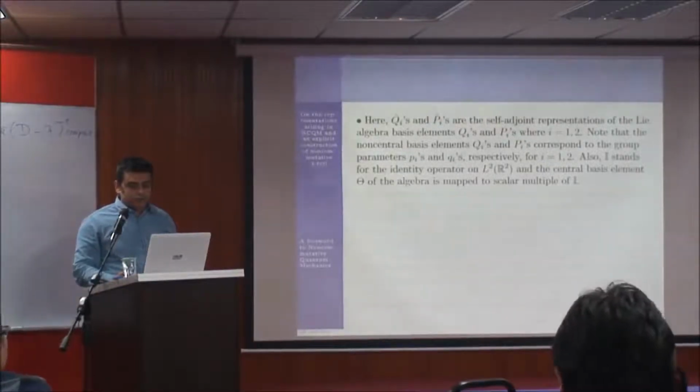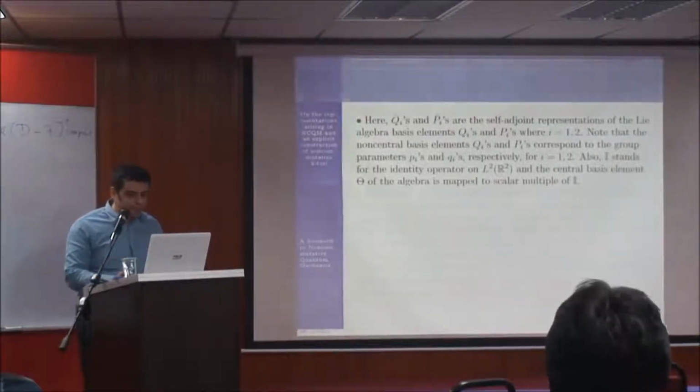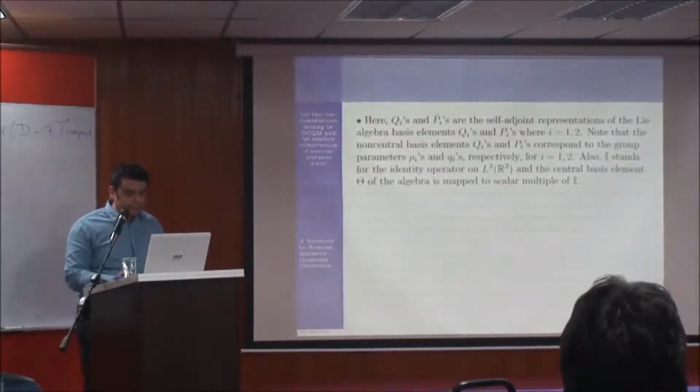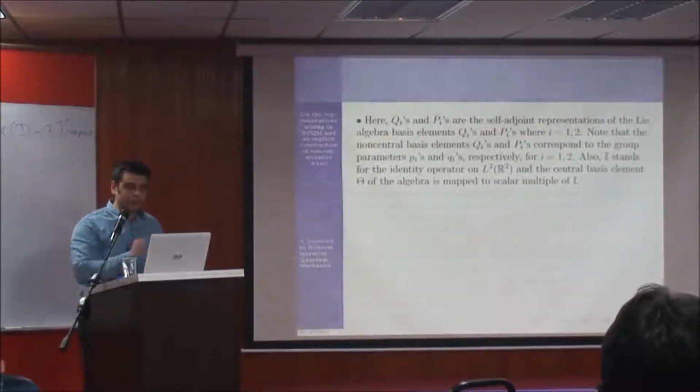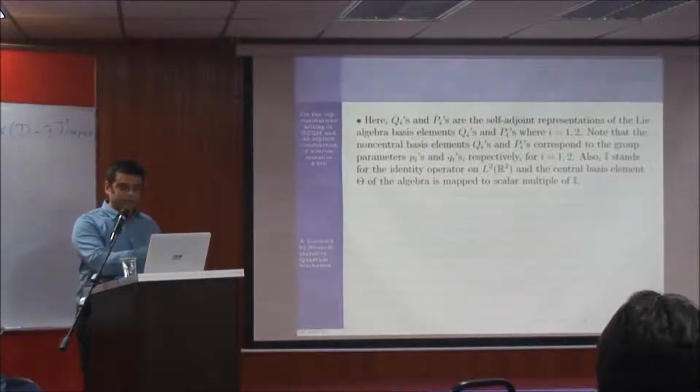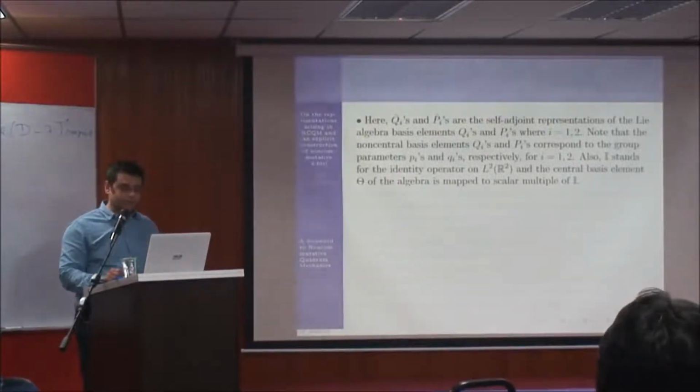Okay. So like I said, these are the self-adjoint representations of the Lie algebra basis elements. It's important to note that the Qi corresponds to the group parameter Pi, while the capital Pi corresponds to the group parameter Qi.